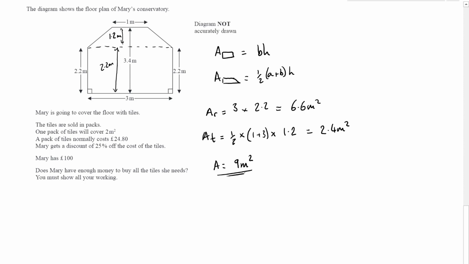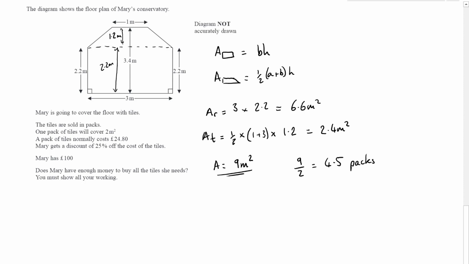Now, since we have 9 meters squared, we can look at how many packs of tiles we are going to need. If we do 9 divided by 2, since we're splitting this 9 meters squared up into sections of 2 meters squared, 9 divided by 2 gives us 4.5 packs.